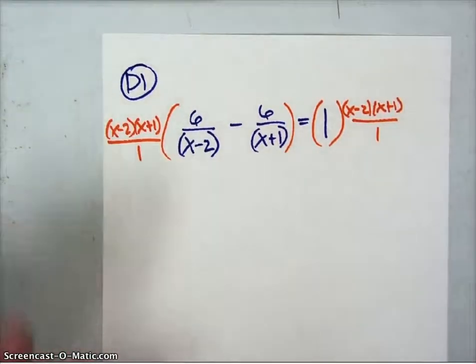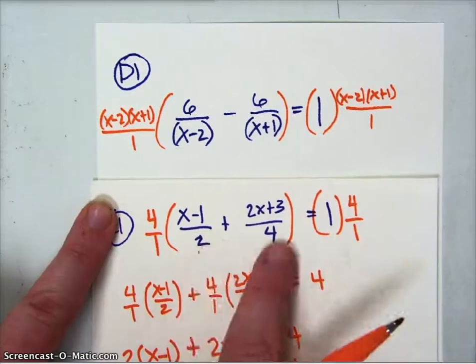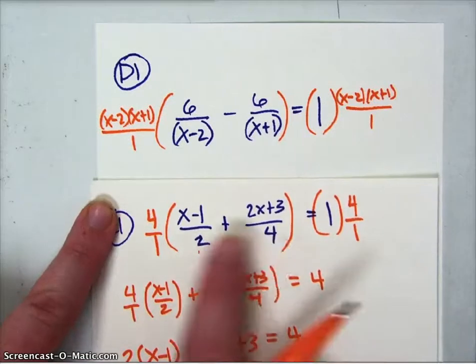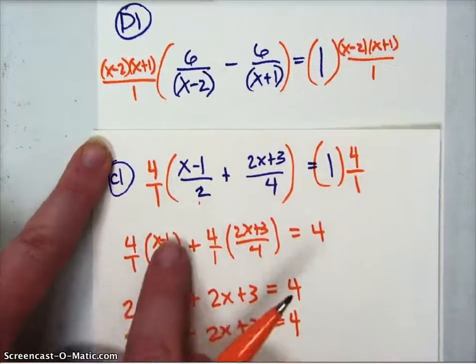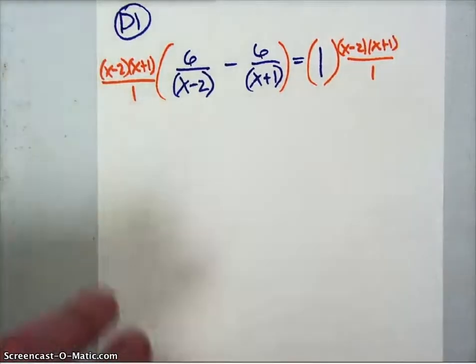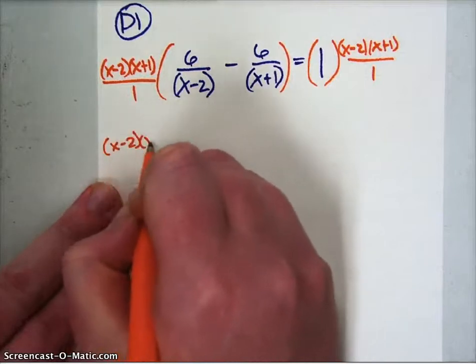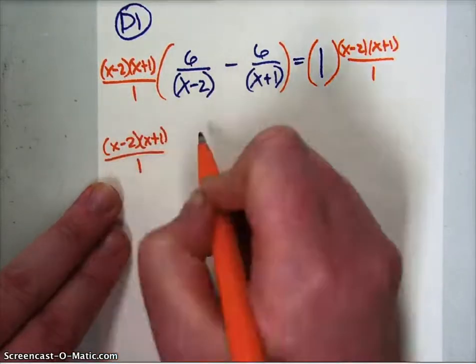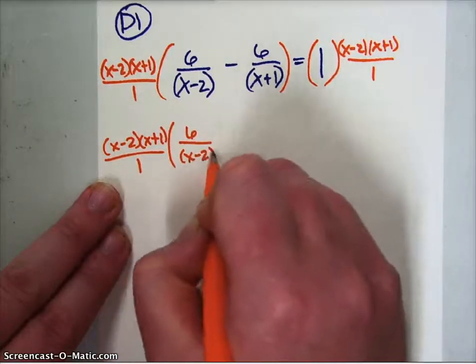Okay. So it's really the same thing that we did here. We recognize what's the common thing, and now we're going to multiply both sides by that amount. Okay. What would we do next? We distributed, right? Okay, so what we're going to do is take that x minus 2, x plus 1 over 1 and multiply it by 6 over x minus 2.